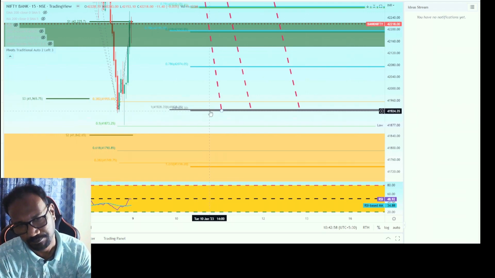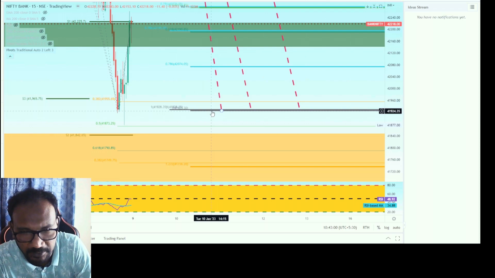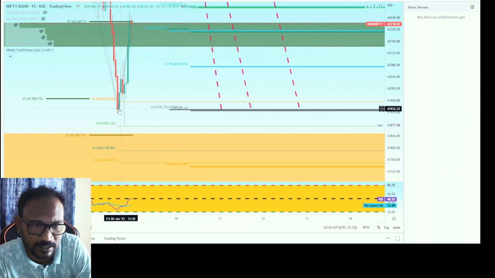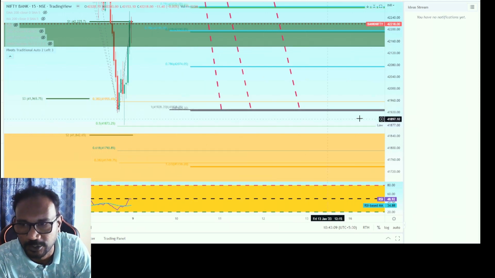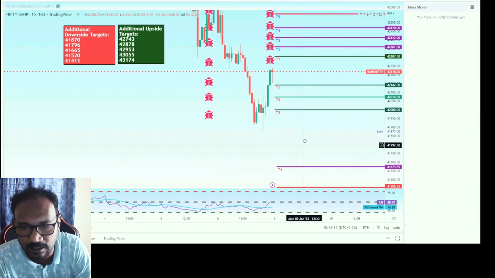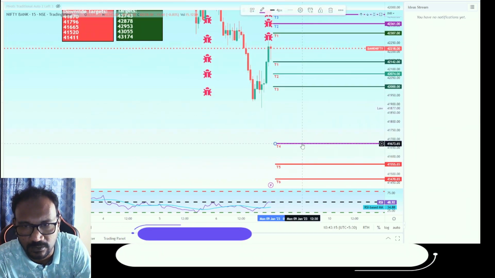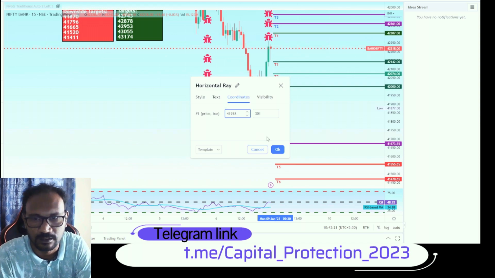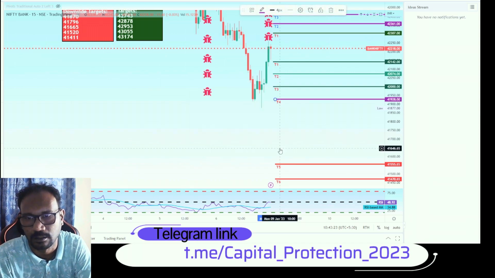So I'm going to choose 42,127 as my next level because there are multiple. Yeah, this is the point. 42,128 actually. And that is a good confluence. So this purple is good. 41,928. Right.